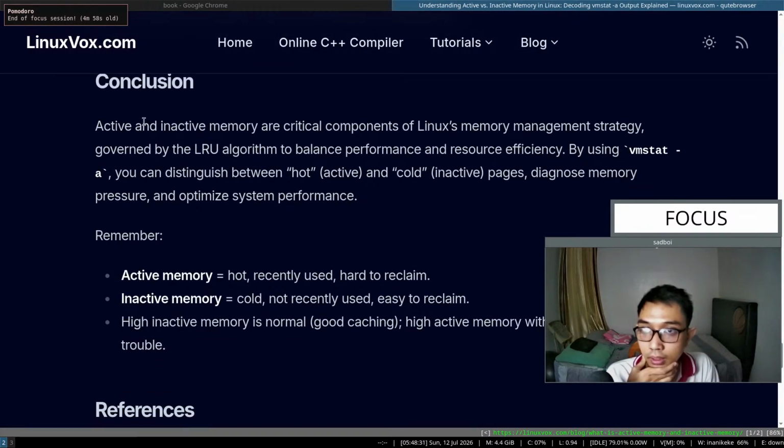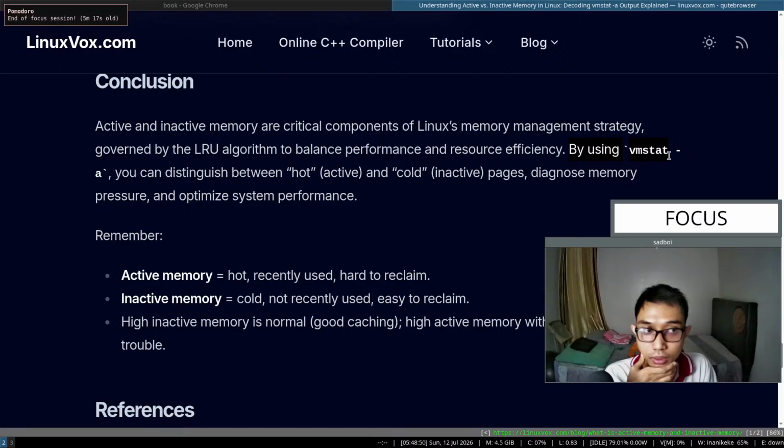Conclusion: active and inactive memory are critical components of Linux memory management strategy, governed by the LRU, the least recently used algorithm, to balance performance and resource efficiency.